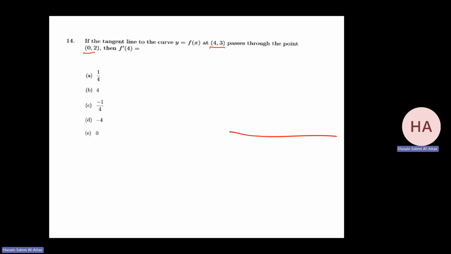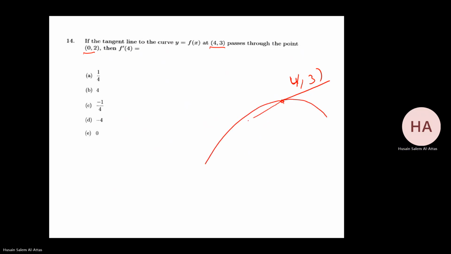We have a curve, and there is a point 4 and 3. You have a curve, you have a tangent line, and this is through 4 and 3. And the tangent line passes through another point at 0 and 2.